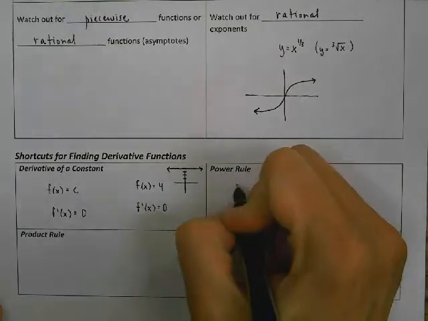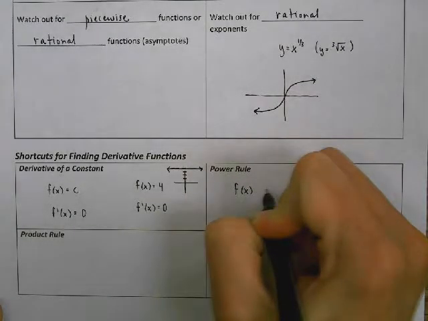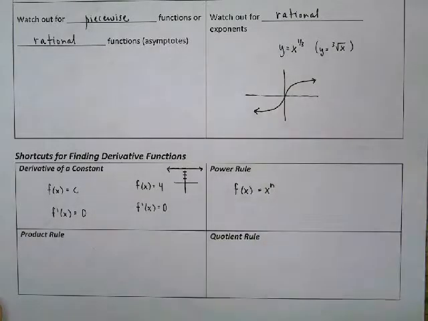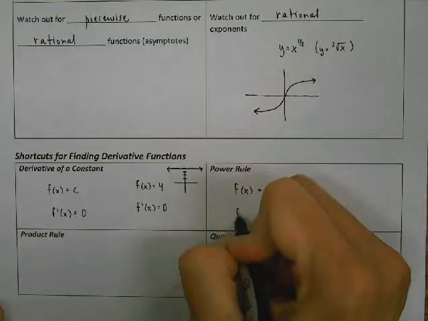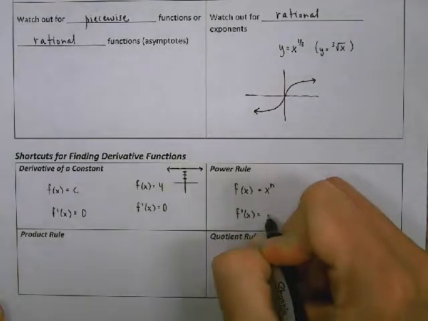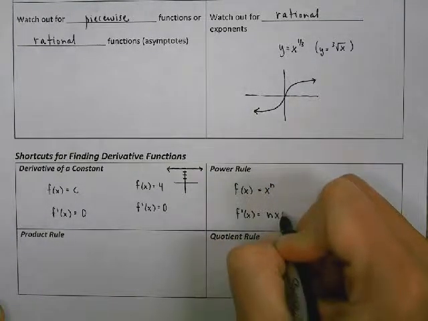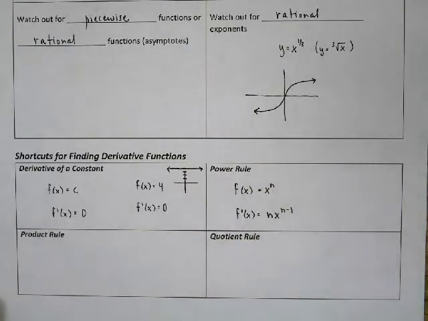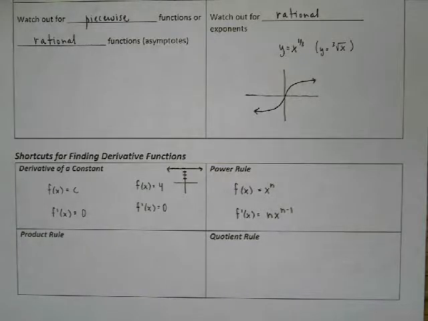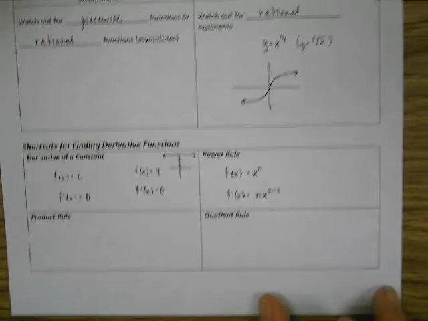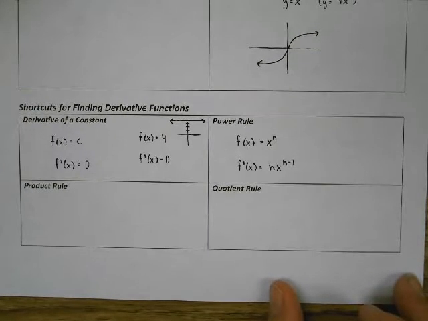Next, for our power rule, we're looking at functions like f of x equals x to the n. This rule you guys have already shown you're really good at. We know that f prime of x equals n times x to the n minus 1. And our last two rules that we've learned thus far are the product and quotient rules.